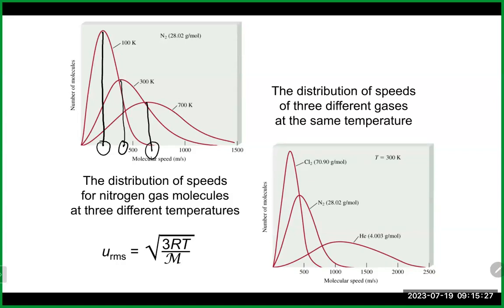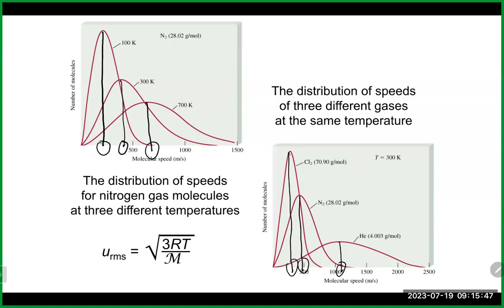Now, if we look at the difference between different gas molecules at the same temperature, we see that chlorine is moving much slower than nitrogen, which is moving much slower than helium. The difference is what we were talking about a second ago: the molar mass.